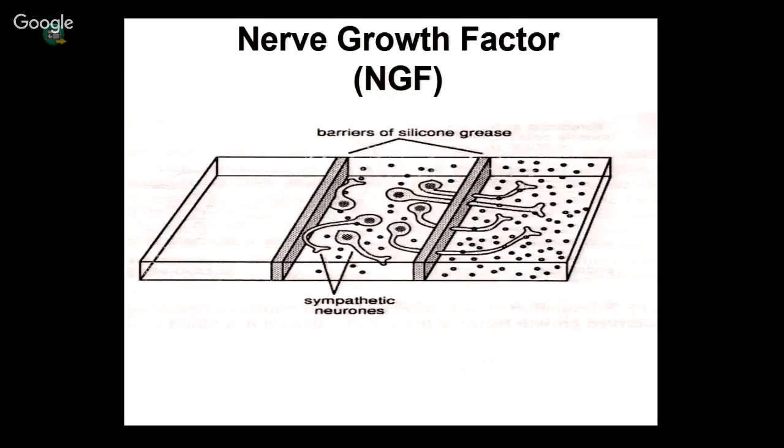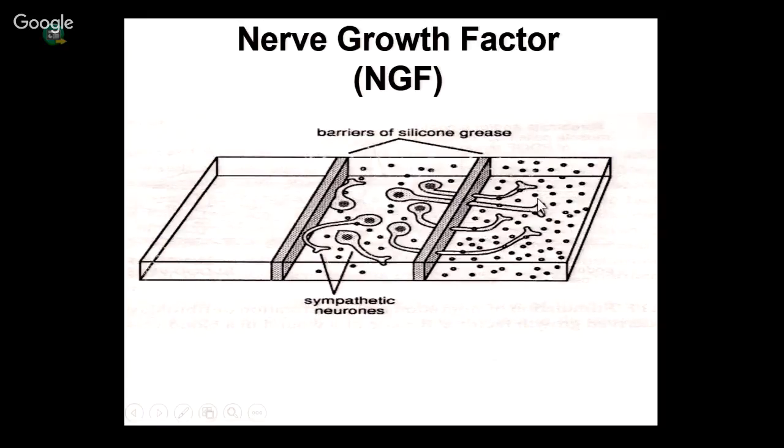And how about local mediators? One of the best examples of a local mediator is nerve growth factor. It's one of the classical examples where people have a gel-like box. You culture the sympathetic neurons in the middle chamber, and then put NGF in the right side chamber, and then these sympathetic neurons can go through the gel and into the right chamber.